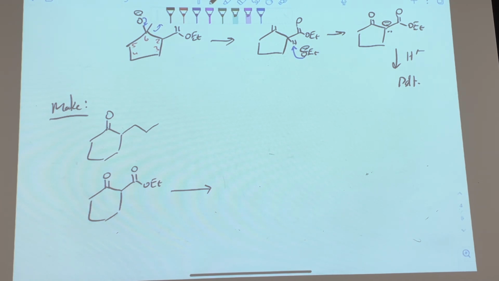If we were to add base to this, what's that going to do? It's not going to hydrolyze because, I mean, it would if we were to use hydroxide here, but we're using the ethoxide base, which is the same as our ester, so you're not going to get hydrolysis.